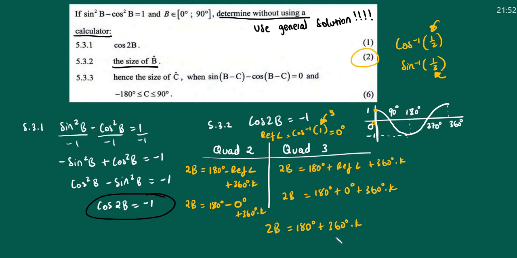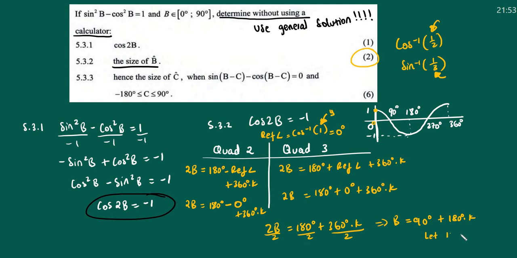Then you find the values of beta by dividing by 2 throughout. If you do that, you'll find that beta is 90 degrees plus 180 degrees times k. Then you just remember k is an element of integers.